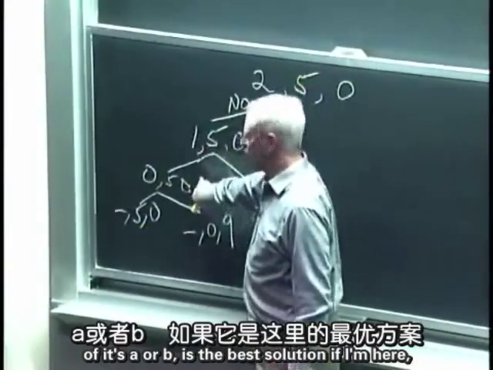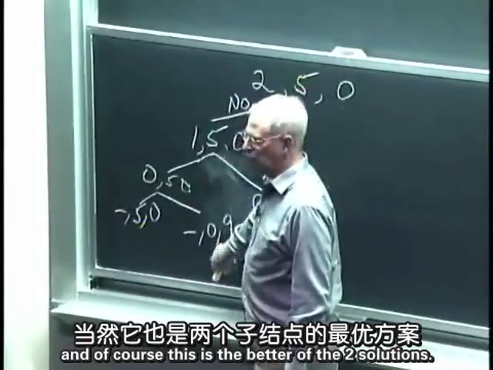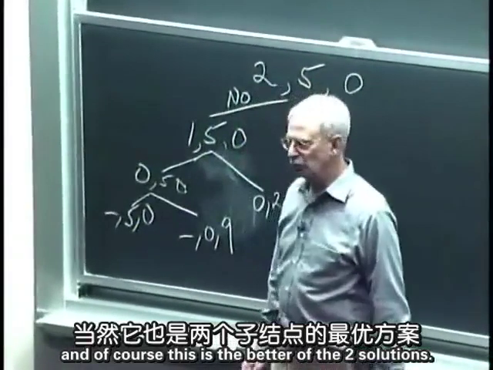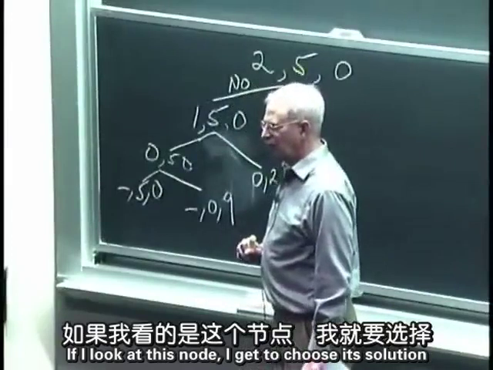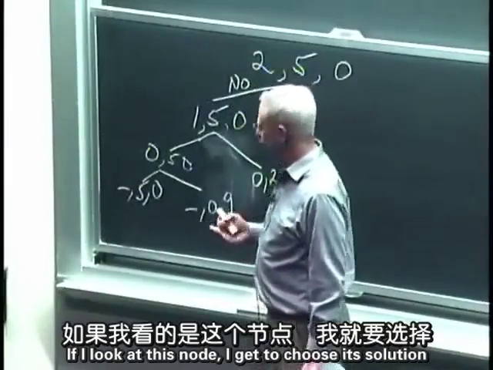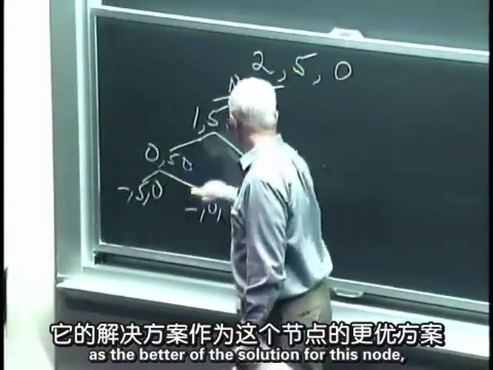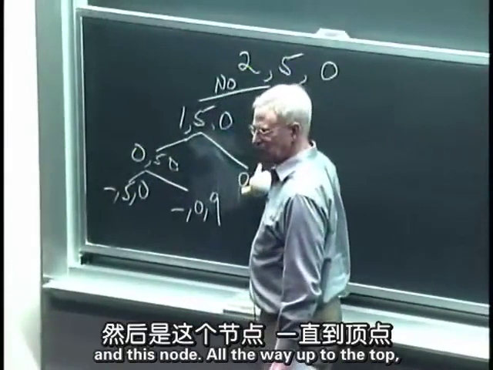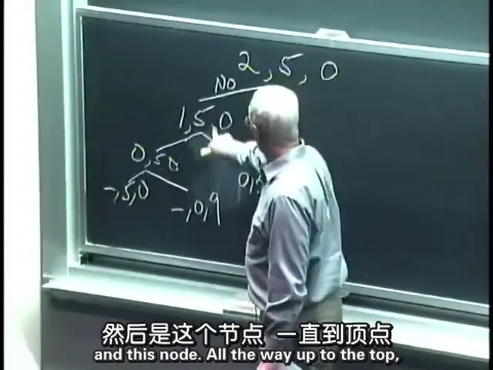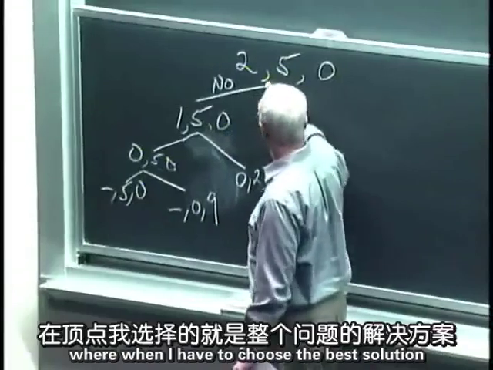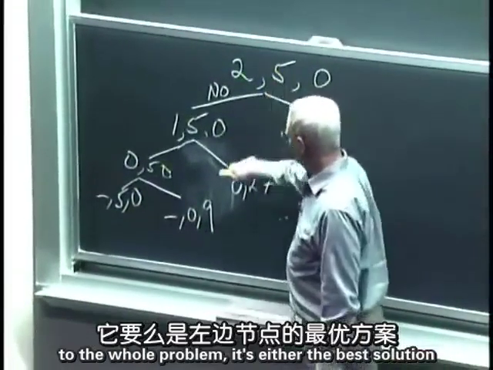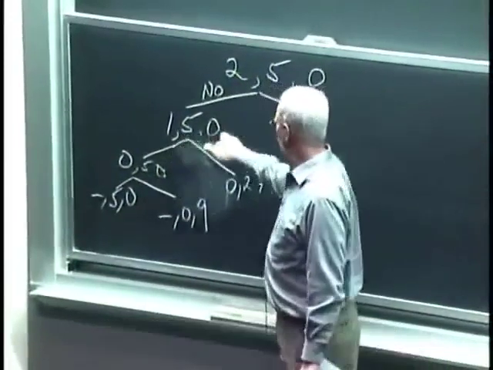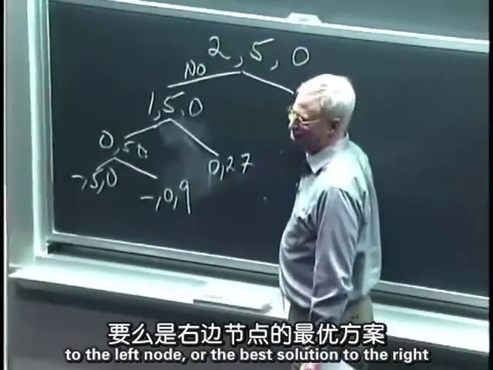A or B is the best solution if I'm here, and of course, this is the better of the two solutions. If I look at this node, I get to choose its solution as the better of the solution for this node and this node. All the way up to the top, where when I have to choose the best solution to the whole problem, it's either the best solution to the left node or the best solution to the right node.